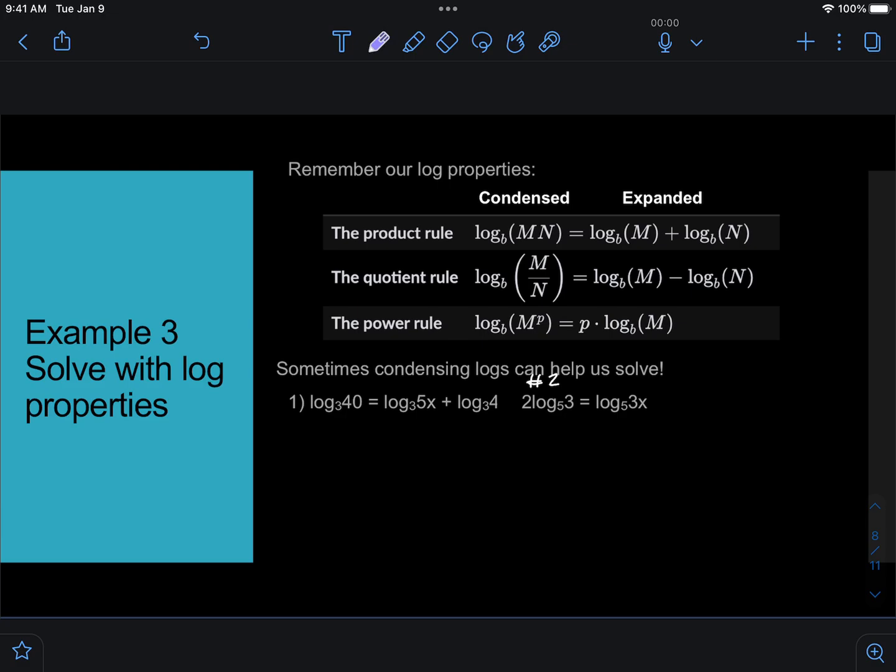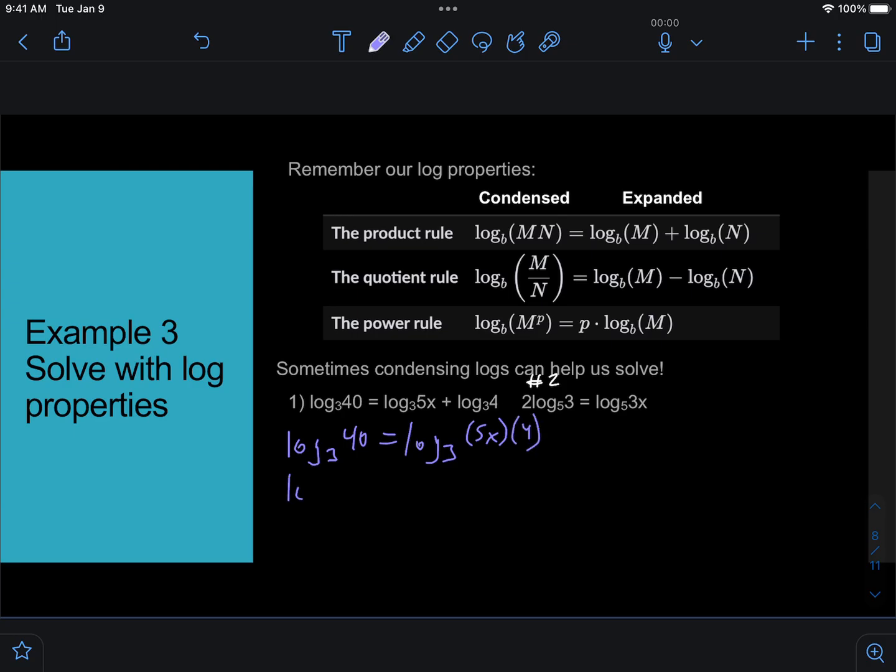And so I can do that using my product rule. That's going to make this log base 3 of 40 is equal to log base 3 of the product of 5x times 4.